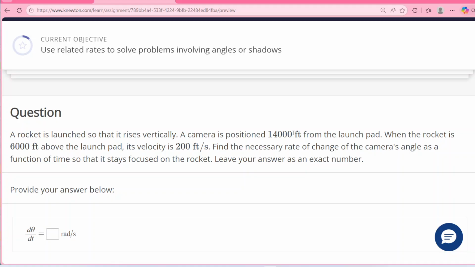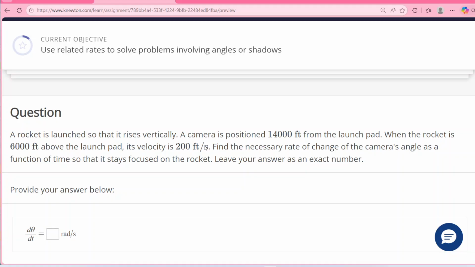This one's about a rocket and angles and shadows. All right, so a rocket is launched so that it rises vertically. A camera is positioned 14,000 feet from the launch pad. When the rocket is 6,000 feet above the launch pad, its velocity is 200 feet per second.